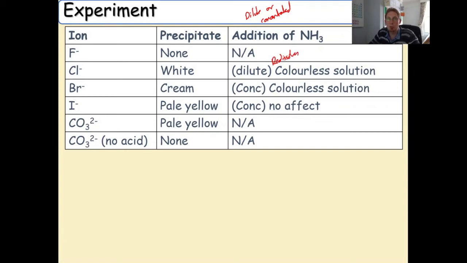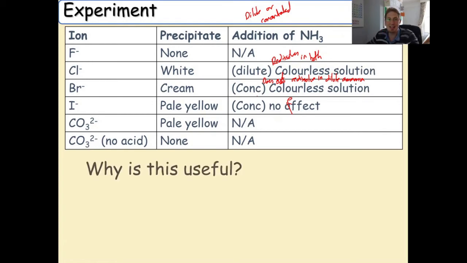Bromide will only redissolve in concentrated ammonia, but it won't redissolve in dilute ammonia. So I'm going to write redissolves in both, just in case you think it only redissolves in dilute, it doesn't, it redissolves in both. Bromide only dissolves in concentrated, and iodide does not dissolve in either.